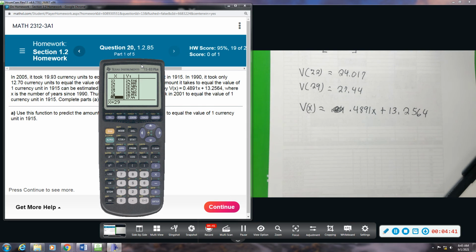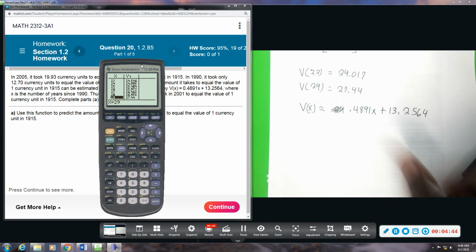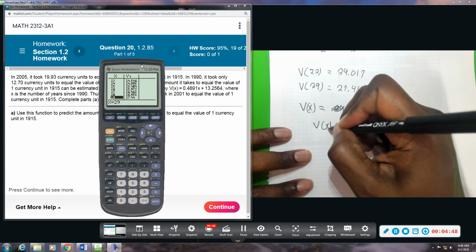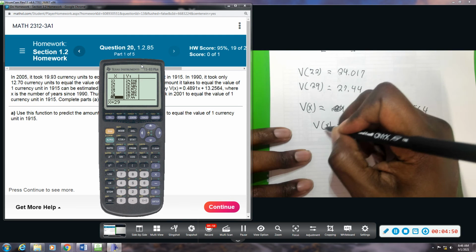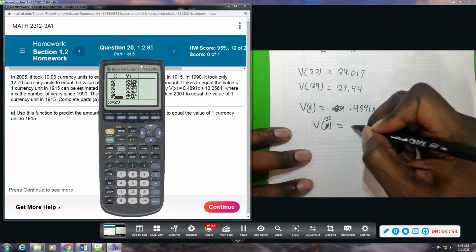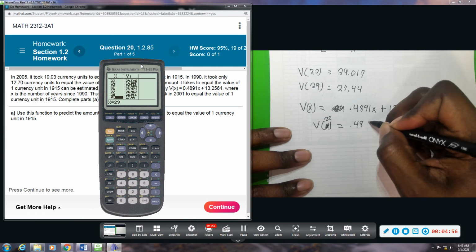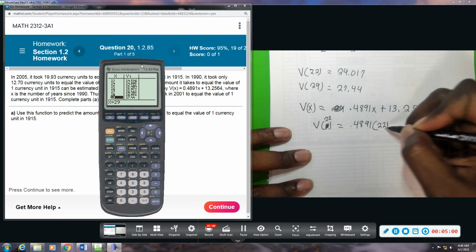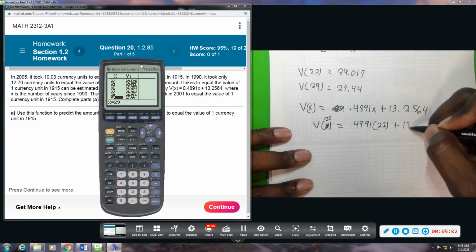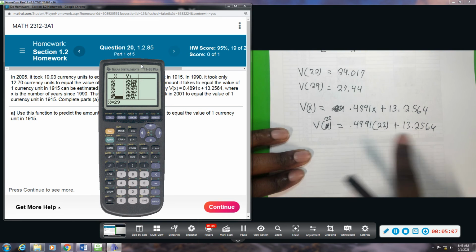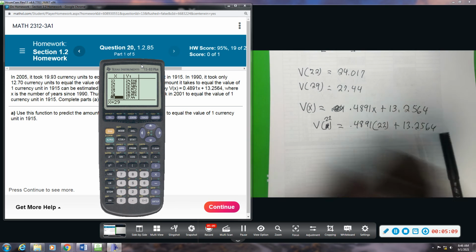One thing you can do, and I would still be using a calculator. I say by hand, but you can just write it out and show each step. You would do, not V of x, we would do V of 22, and then 0.4891. You have to plug in a 22 here, and then plus 13.2564. So you would still type that in the calculator, compute it, and you should come up with these two numbers.